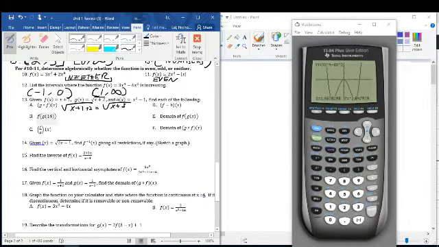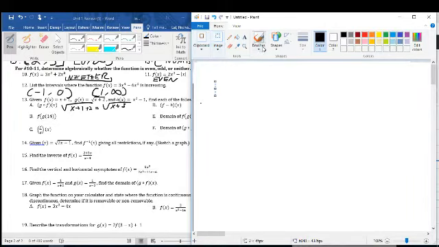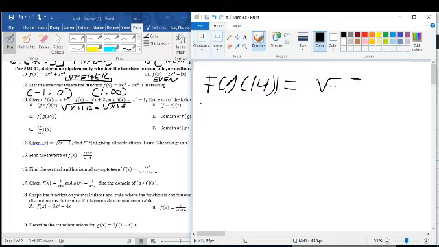And so f of g of 14. g of 14 is going to be equal to the square root of 14 plus 2, which is equal to the square root of 16.